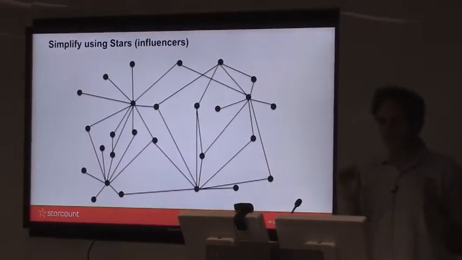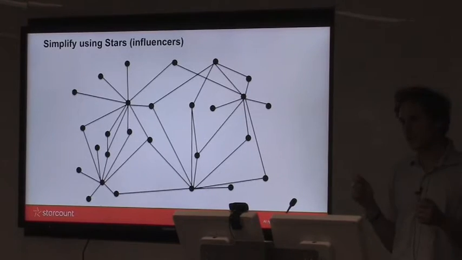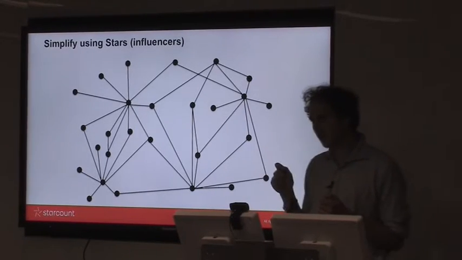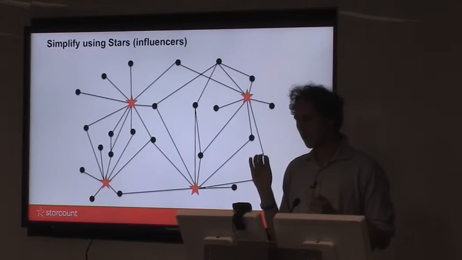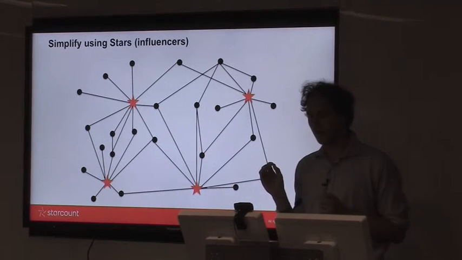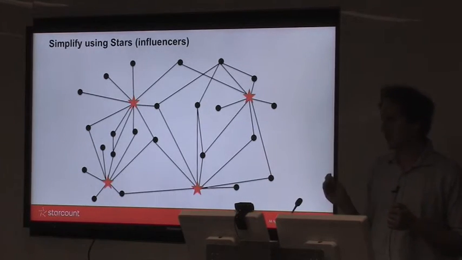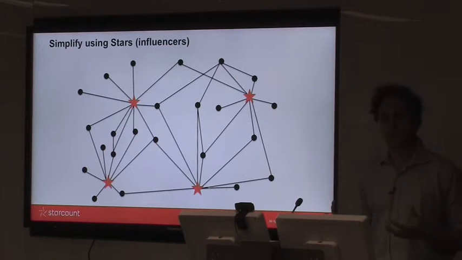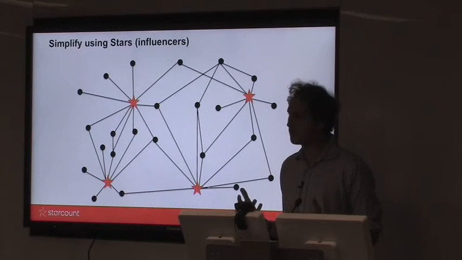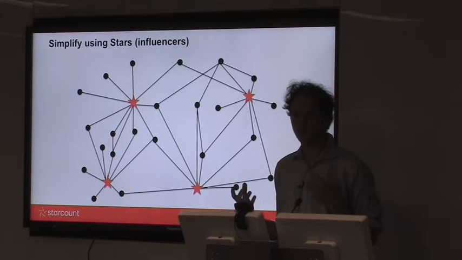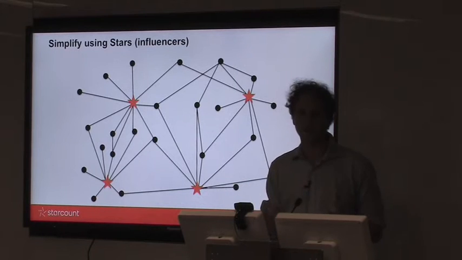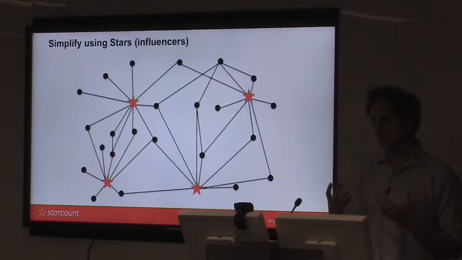is we identify special types of people on the network or on the graph, and we call these stars. These stars could be like a traditional famous person, like an actor or a pop star, an artist, or it could be an online star like a blogger or a vlogger or a YouTube star, but it could also be an influential institution such as a brand or a company.